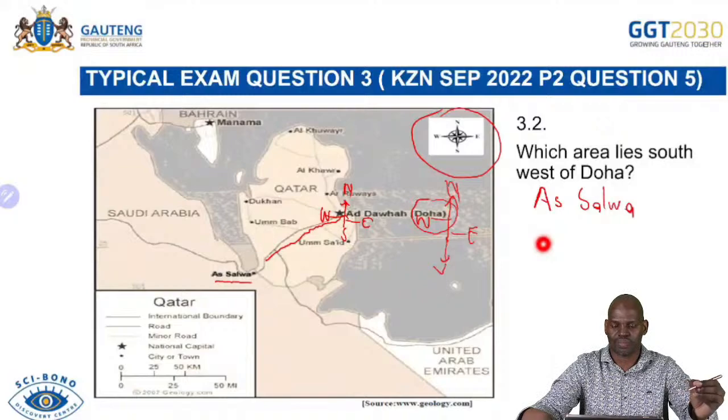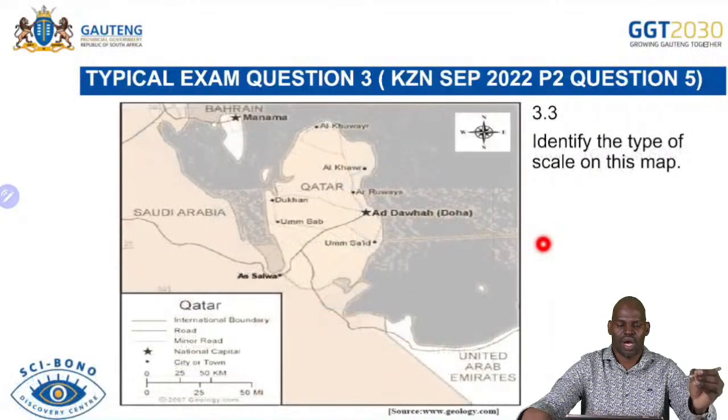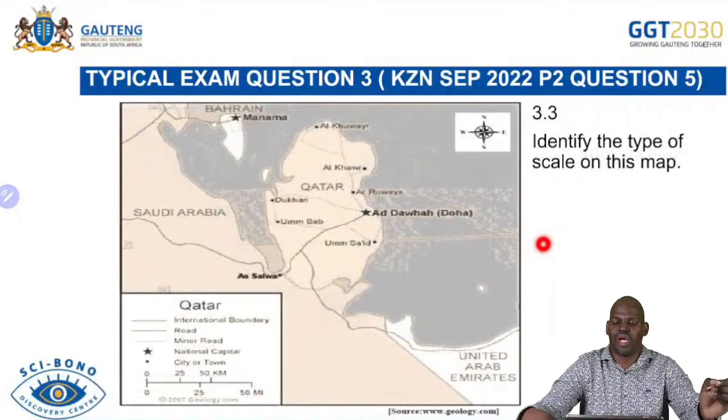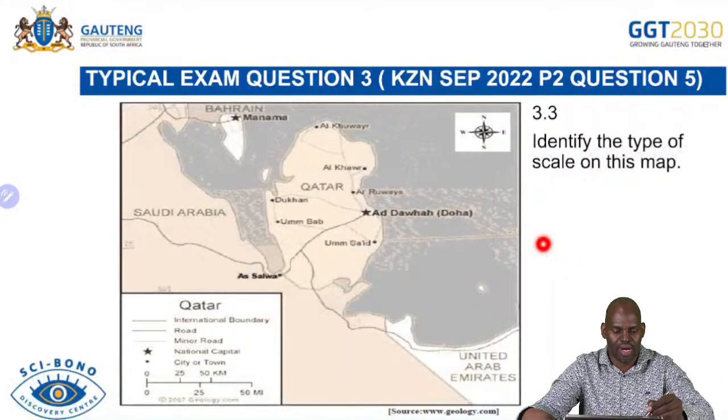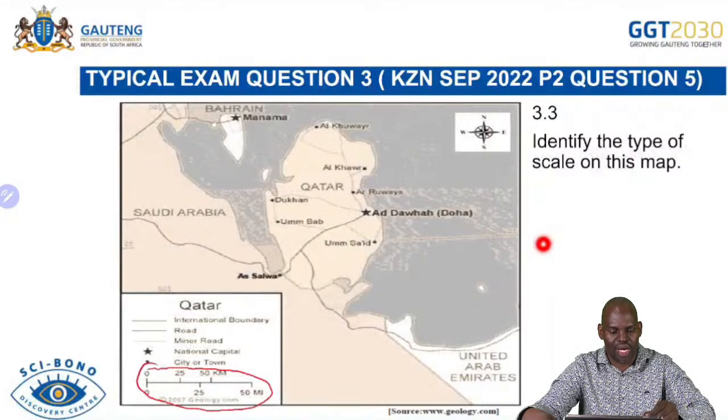Okay, then the next question is identify the type of scale on this map. So the type of scale we have to check. If you look at this, there is the scale that is indicated.